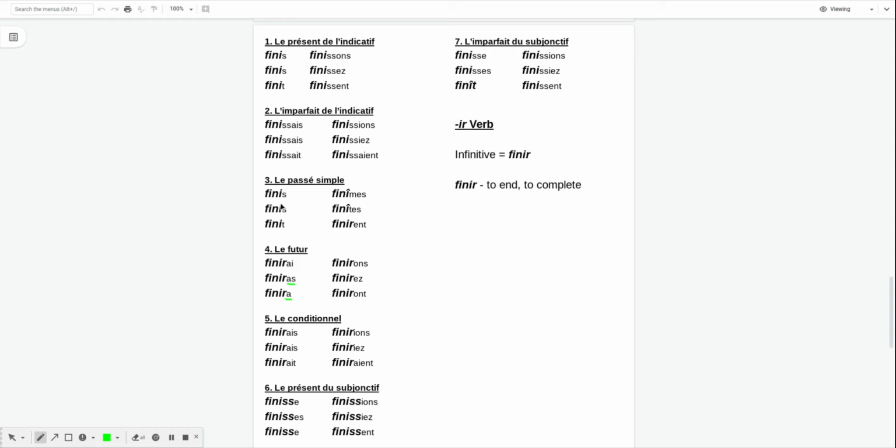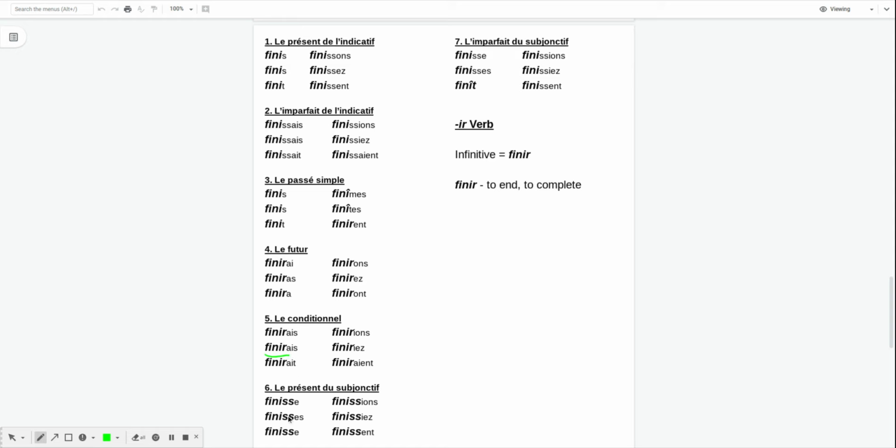Then, of course, on the singular side, l'imparfait de l'indicatif, the endings are very similar to what we find in le conditionnel, except for the double S's and the use of the infinitive as the base, finir.